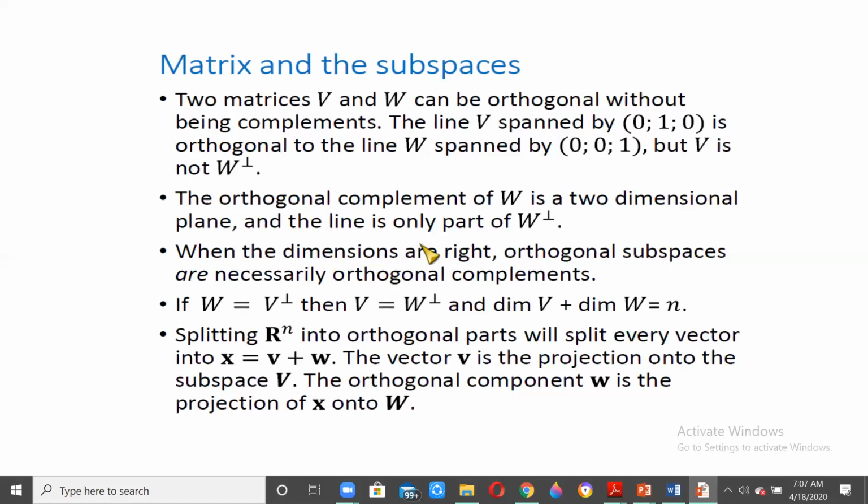So when the dimensions are right, orthogonal subspaces are necessarily orthogonal complements. If W is equal to V perpendicular, then V is equal to W perpendicular, and the dimension of V plus the dimension of W will be equal to n.